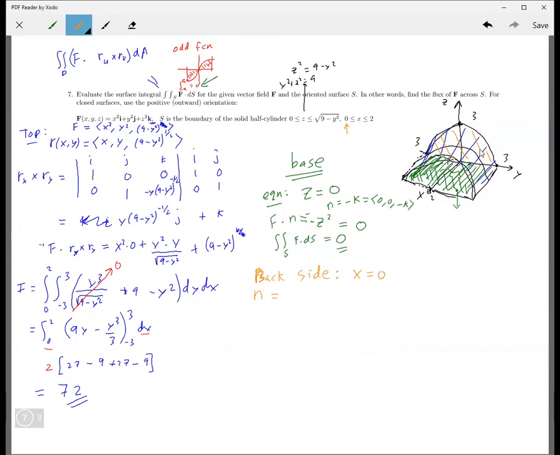So that would be the one pointing out. If you've got a point here on the surface, it's going to be pointing that way, right? So what would that normal be? Which direction is it pointing?